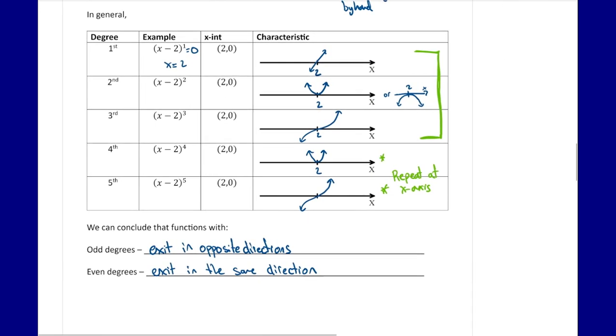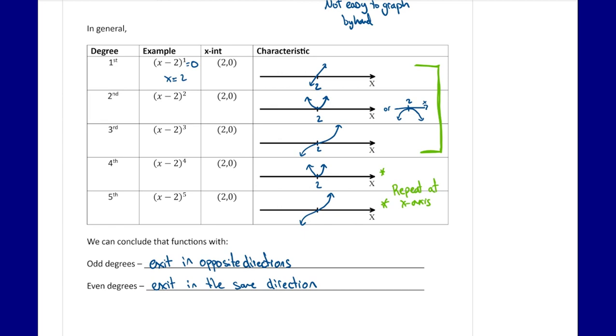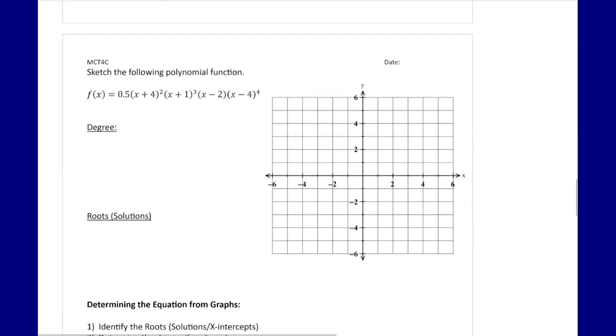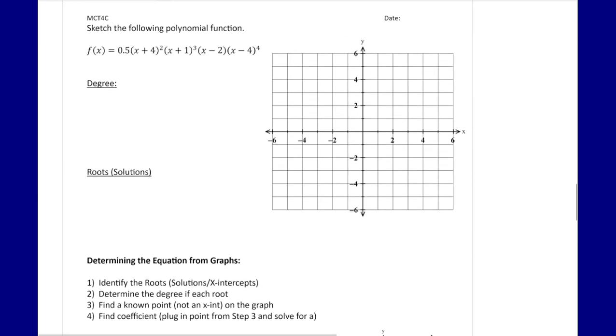So let's use this idea to help us sketch our graph by hand, or sketch these polynomials. So let's sketch the following function. We have our polynomial function f of x equals 0.5 times x plus 4 squared times x plus 1 cubed times x minus 2 times x minus 4 to the power of 4.